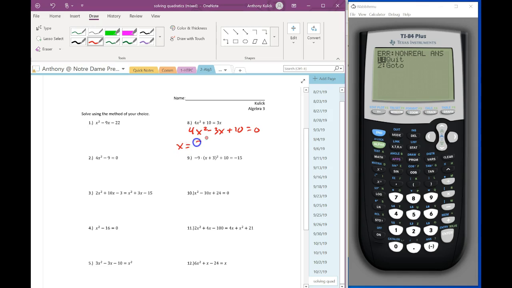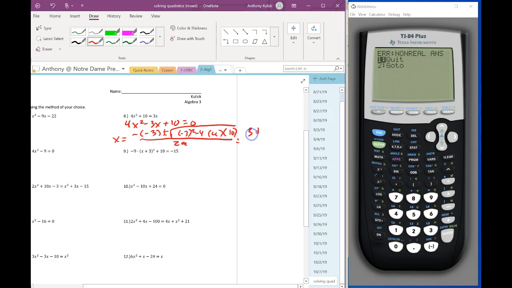So when we do the quadratic formula, I have -b plus or minus the square root of b squared minus 4ac, all over 2a.